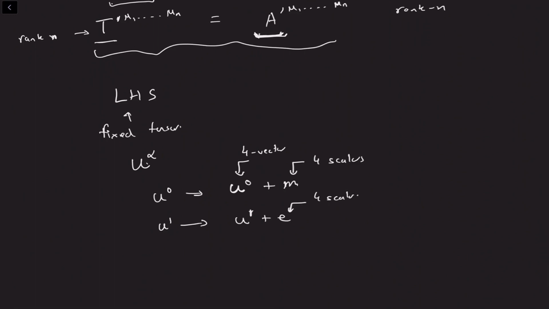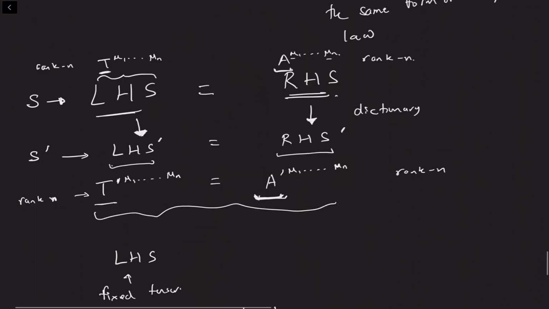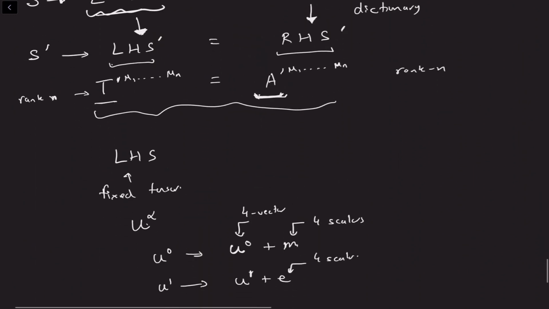Now the left-hand side of the equation doesn't have a well-defined transformation law. That is, each part of it has to be transformed separately when I go to frame S prime.